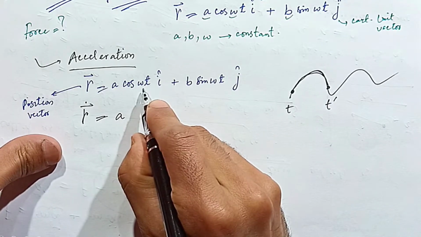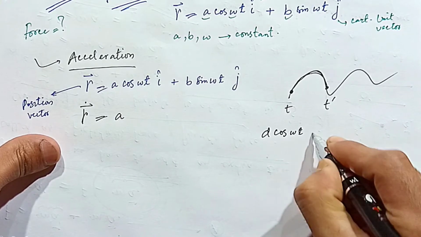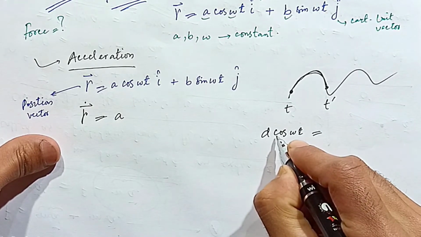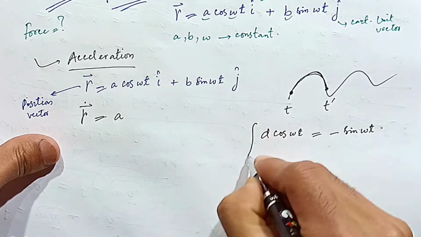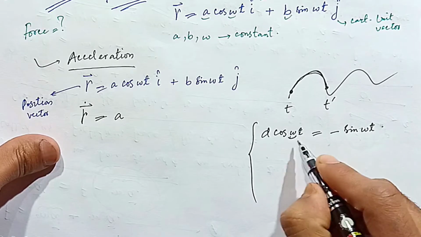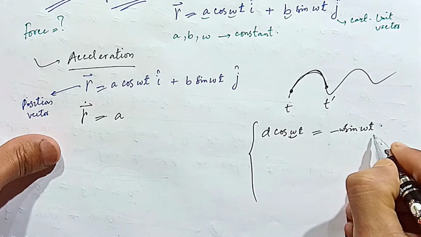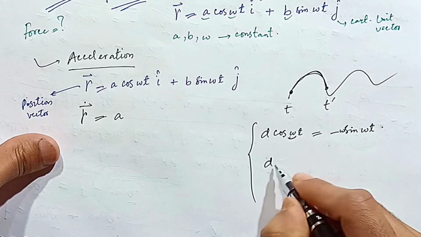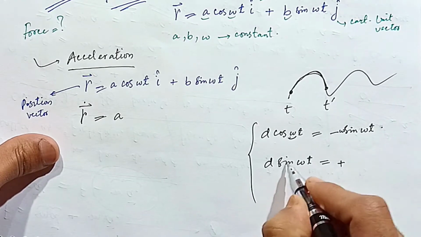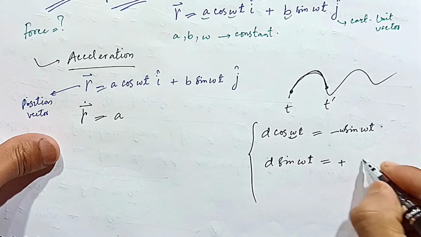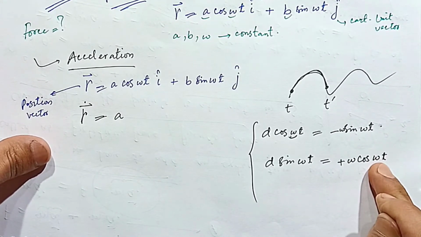cosine of omega t. Differentiation of cosine of omega t is, because differentiation of cos is minus sine omega t, and there is an extra term omega that comes outside, so it will be minus omega sine omega t. And differentiation of sine omega t will be plus cosine of omega t with an extra term omega coming out.